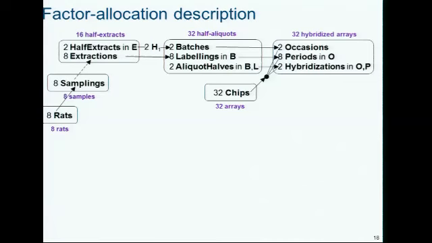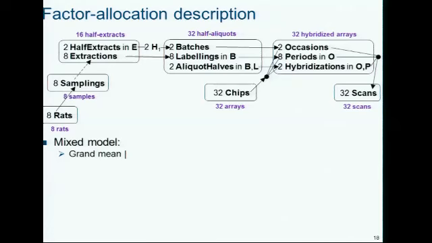And the way I show this is that I am going to take the 32 chips and randomise them to all combinations of the factors. That's what this bullet with the 3 arrows leading from it signifies. And then I want to do the scans in random order, so I have to randomise the combinations of the 3 factors to the 32 scans.